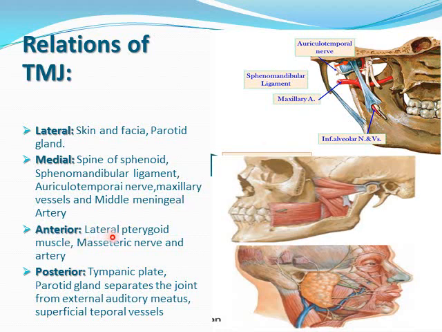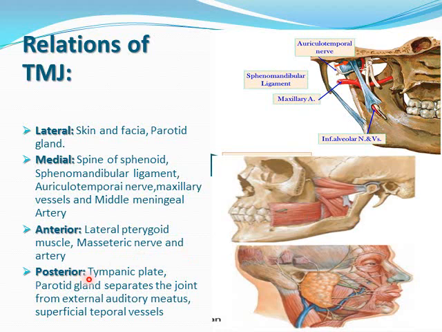While anteriorly, lateral pterygoid muscle and masseteric nerve and artery. Here you can see anterior to the temporomandibular joint there is lateral pterygoid muscle, and along with masseteric nerve and vessels which supply the masseter muscle, and you all know that masseter muscle is attached on the lateral aspect of the ramus of mandible.